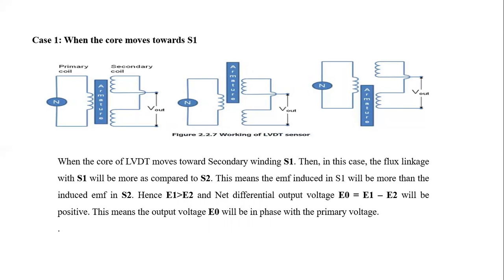Therefore E1 is greater than E2. Then the differential output voltage E0 is equal to E1 minus E2, and it will be positive. This means the output voltage E0 will be in phase with the primary voltage.